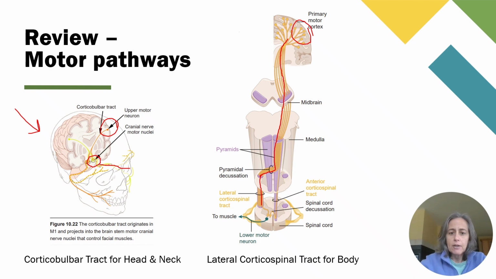They're eventually going to synapse with your lower motor neuron, which is sitting in the ventral horn of the spinal cord, and its axon is going to leave through the ventral root, join a spinal nerve, and then go out to whichever muscle you are signaling. So hopefully that was useful.